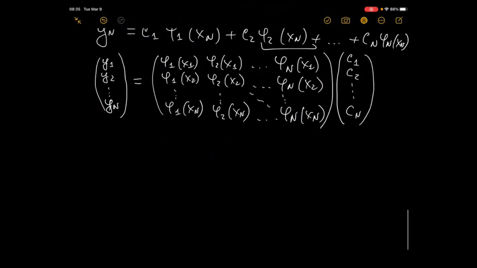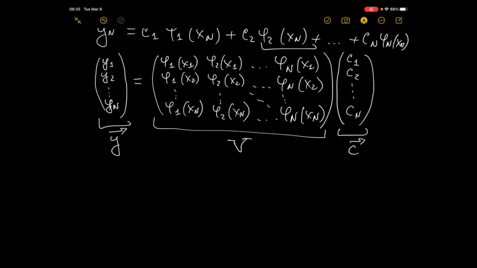So this is nothing else but the Vandermonde matrix, right? Let me call this vector of coefficients c, and this vector of right-hand sides y. Then I'm getting V c equals y. So I'm getting a system of linear equations.